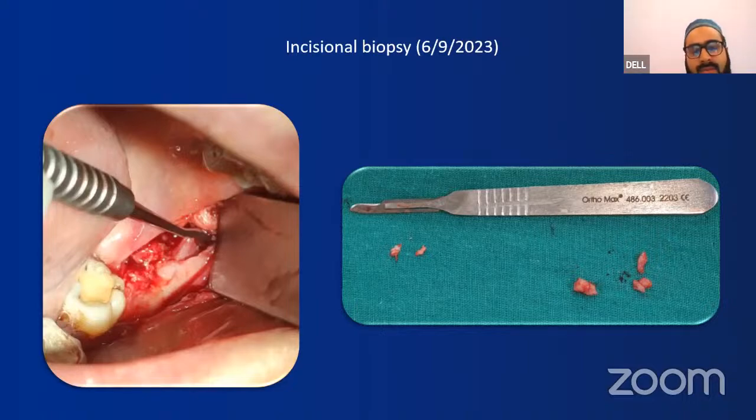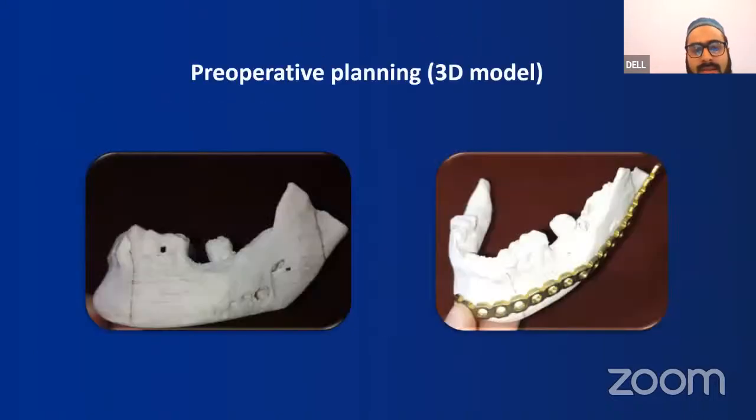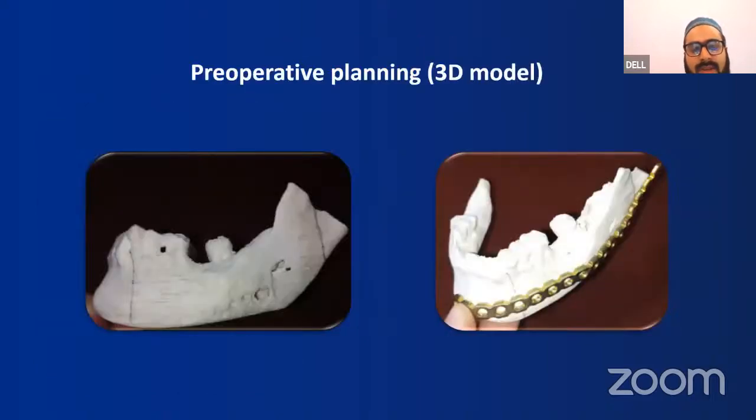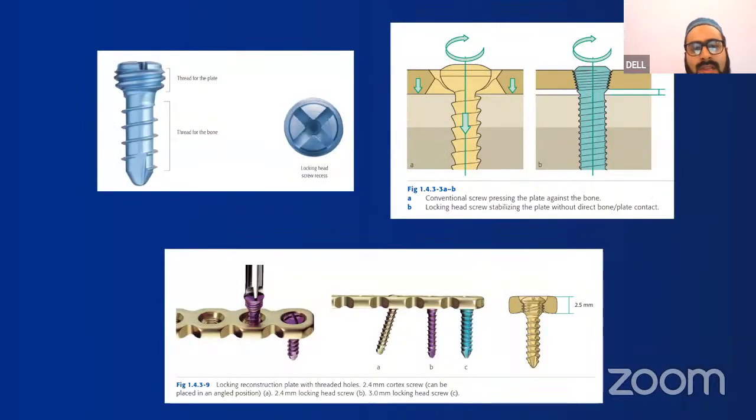A few bits of tissue were removed and sent for histopathologic examination, and it was found to be of desmoplastic type. For planning the resection, we used a 3D model to preoperatively bend the recon plate on the model to save time. The recon plate we used was a locking recon plate with locking screws.